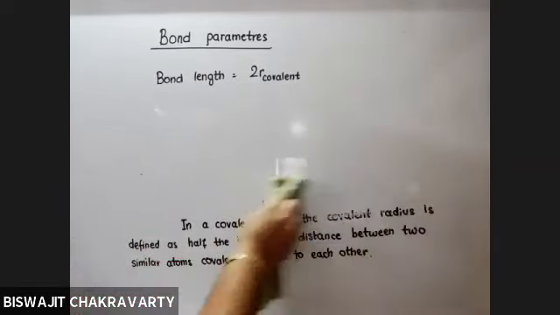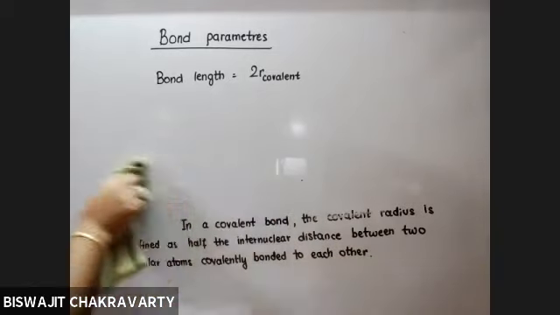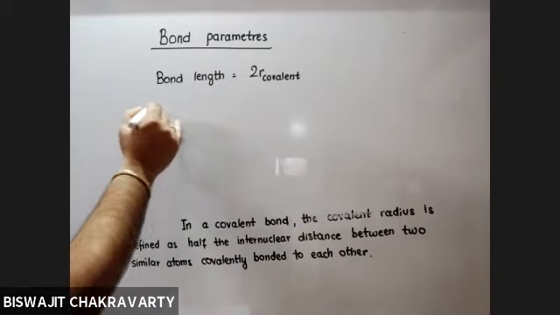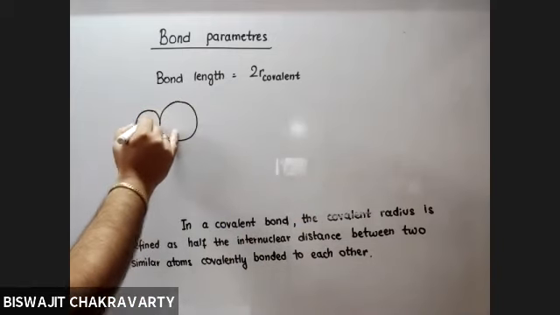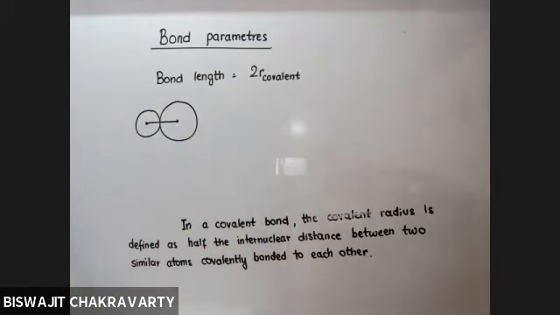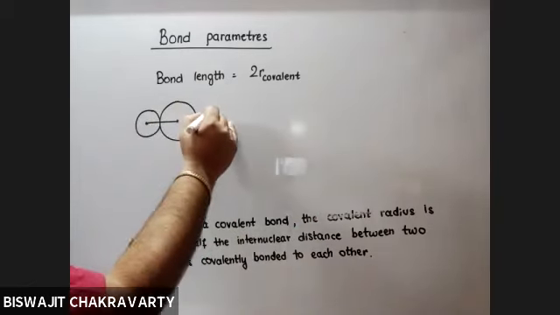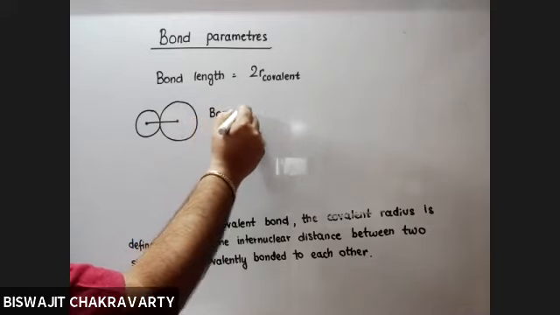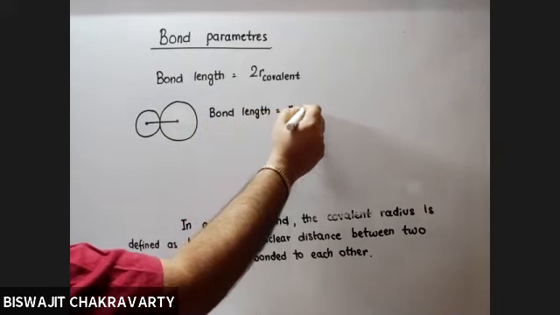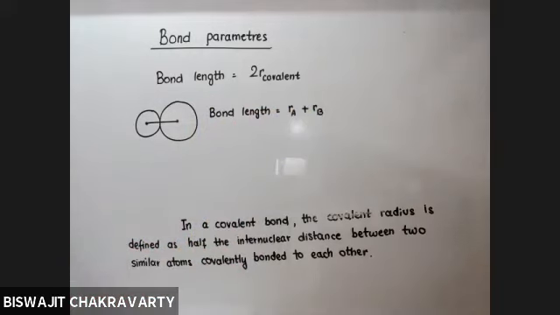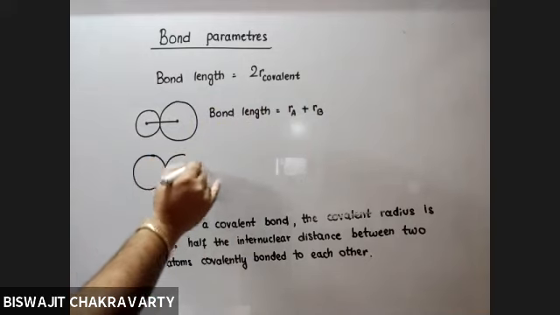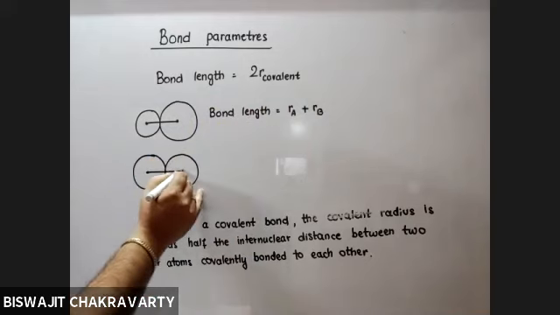So if the two atoms combining are different from each other, as I have shown you, one is smaller, one is a larger atom. So both of them have different radii. So bond length will be the sum of the two radii, Ra plus Rb. But if both the atoms are similar, then both of them will have the same radii.